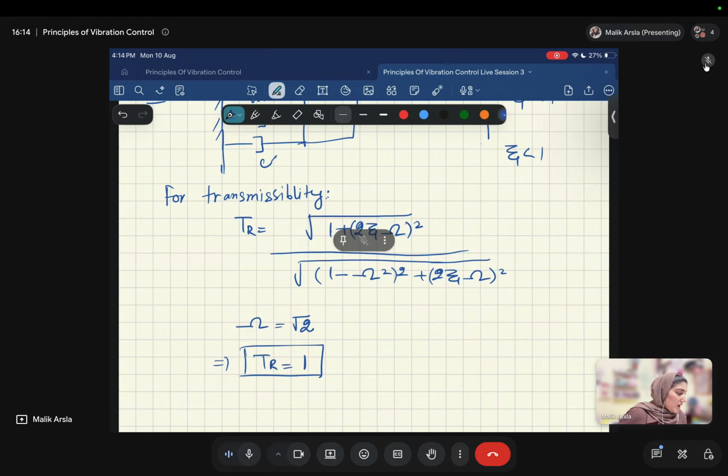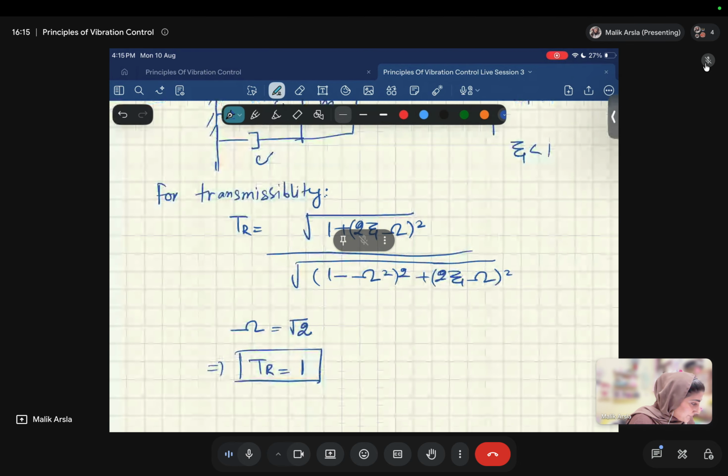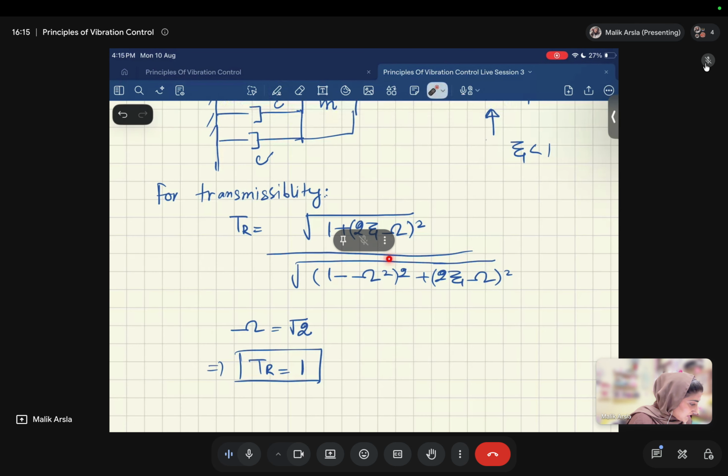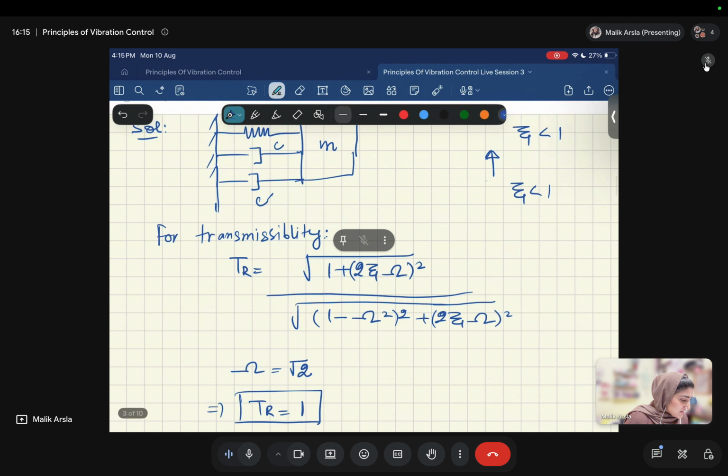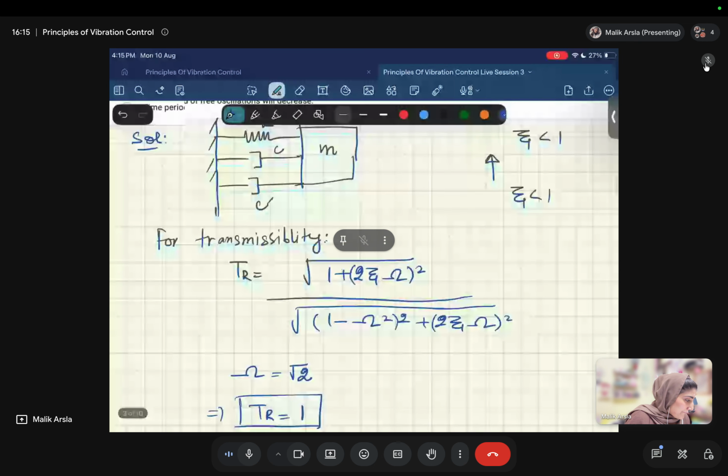So when the frequency ratio is root 2, the transmissibility does not depend on the damping ratio, because this term will become equal to 1, and the numerator will be 1 plus 2 zeta omega square, and similarly the denominator will also be 1 plus 2 zeta omega square. So this comes out to be equal to 1, and it does not depend on the damping ratio at all.